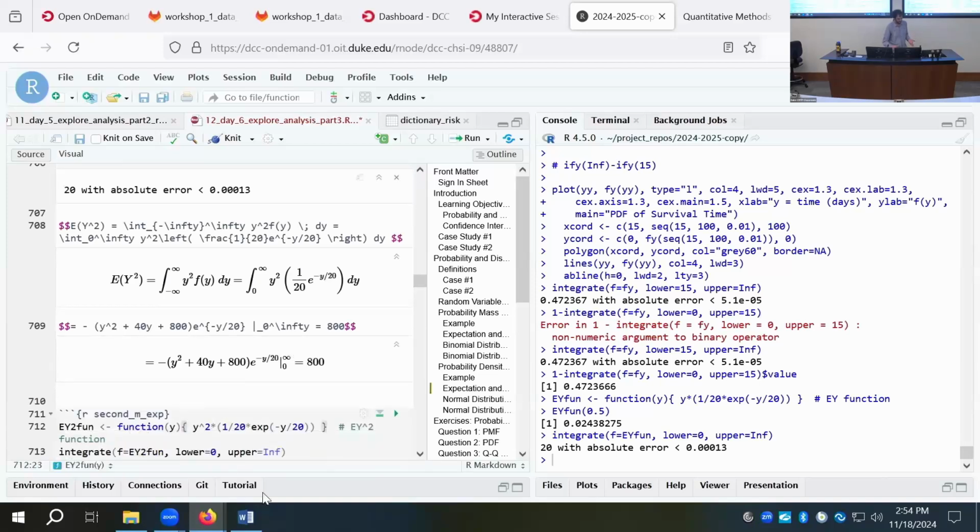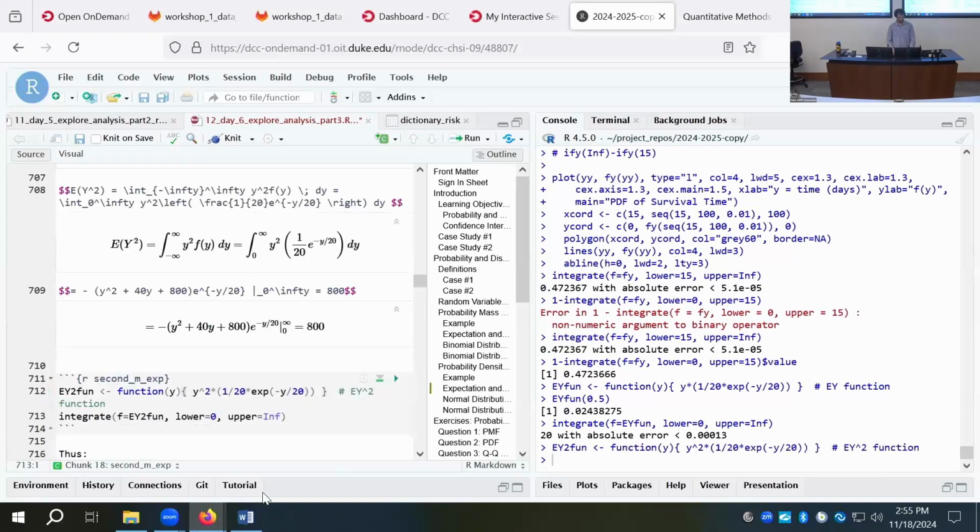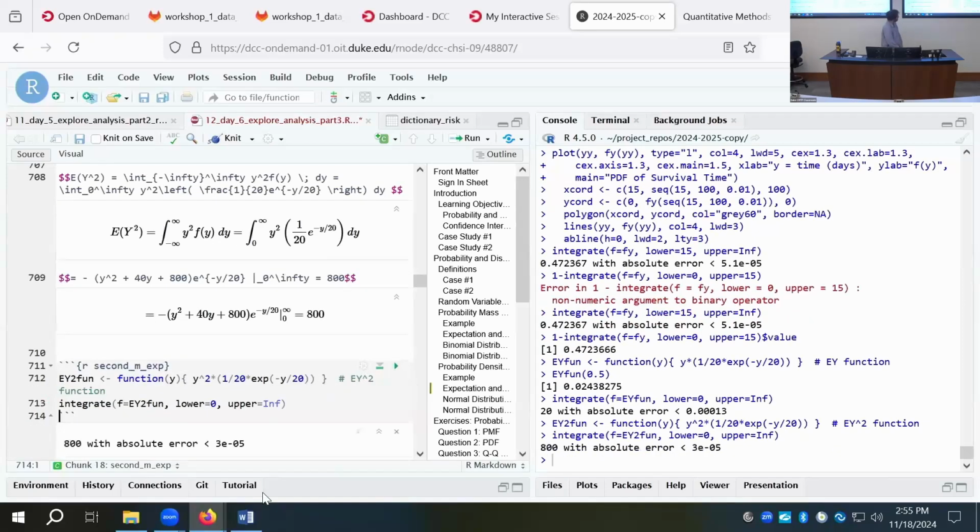So if we wanted to calculate that, we can make another function, EY2 fun, which is equal to y squared times 1 over 20 times exponential negative y over 20. And we integrate that from 0 to infinity, which gives us a value of 800.